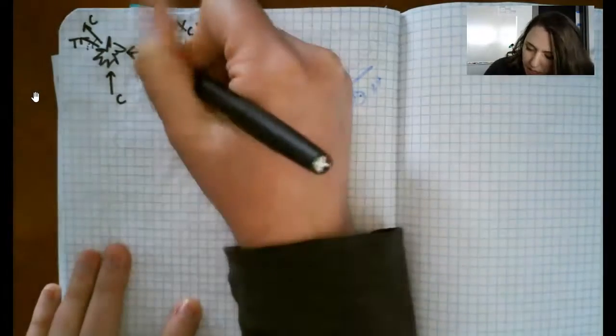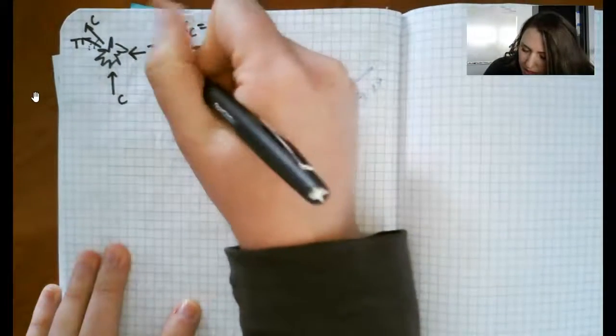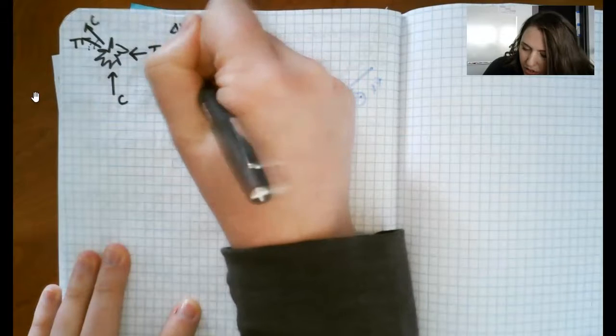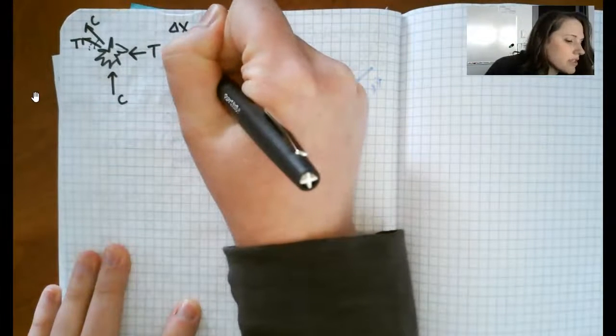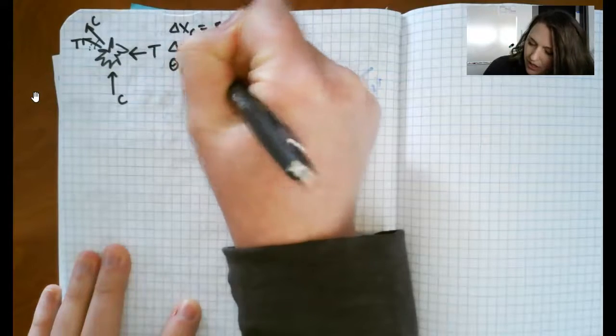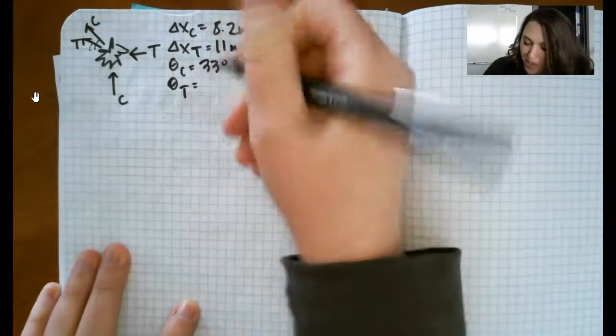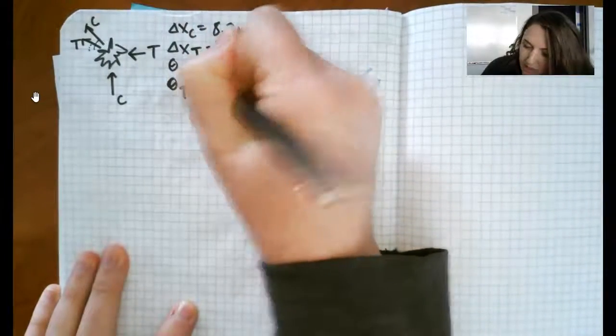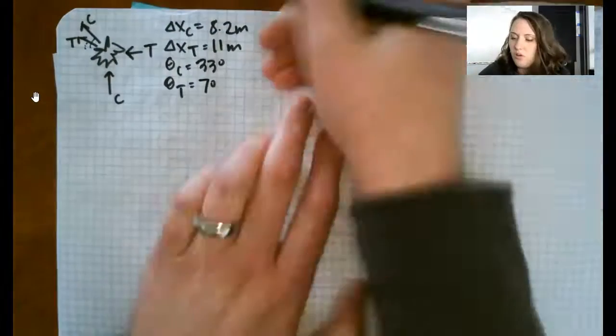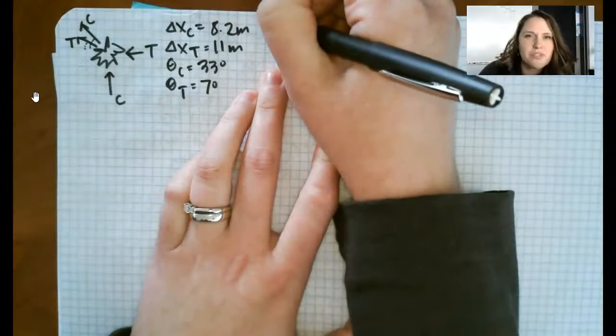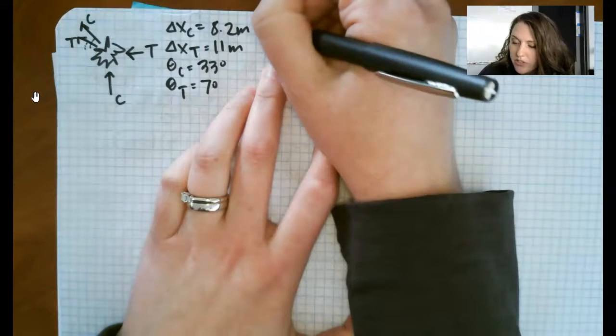So I know that the angle for that skid after the collision for the car is, what does it say, 33 degrees? I'll try not to just state everything as a question as I look over at the assignment sheet. Then 7 degrees.